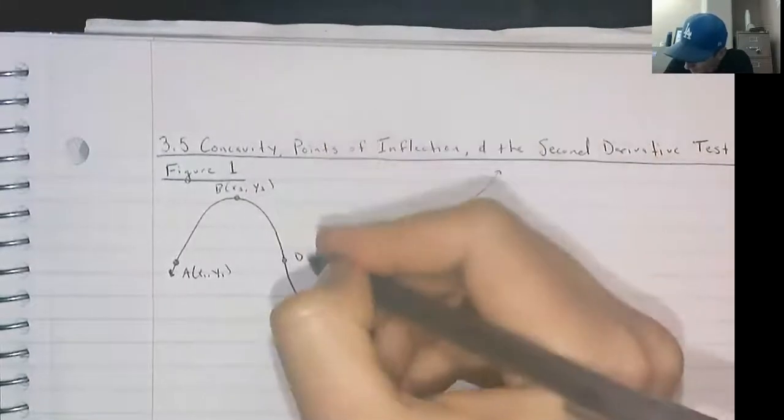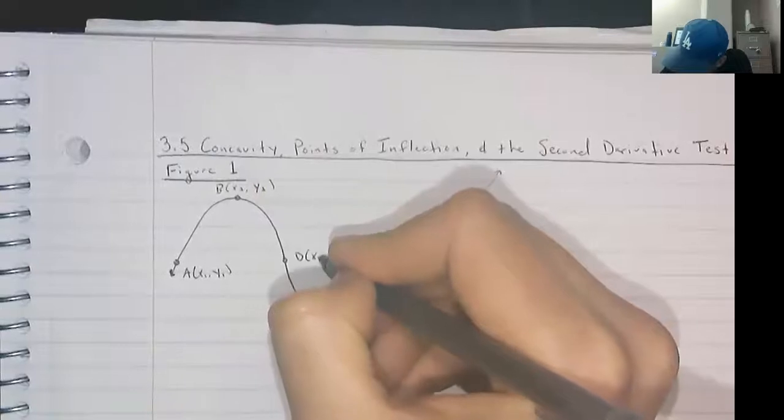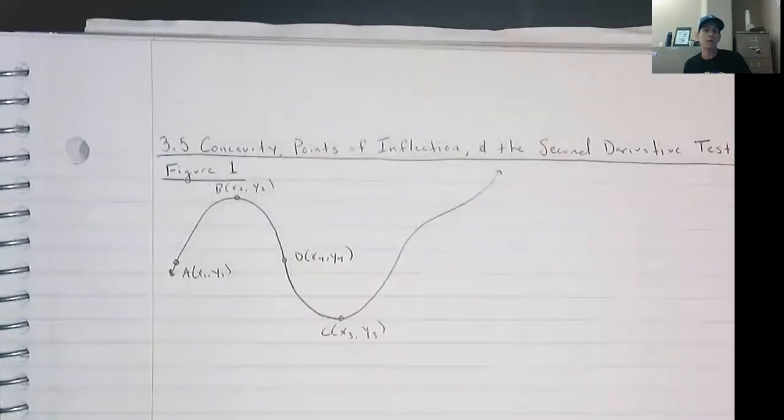And in fact, we call that a point of inflection. Point of inflection, where that change in the sign of our second derivative happens.